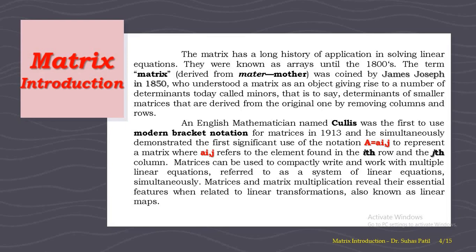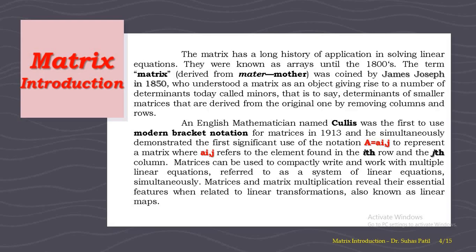That is to say, determinants of smaller matrices that are derived from the original one by removing columns and rows. An English mathematician named Cayley was the first to use modern bracket notation for matrices, and he simultaneously demonstrated the first significant use of the notation capital A equals a_ij to represent a matrix, where a_ij refers to the element found in the ith row and jth column.